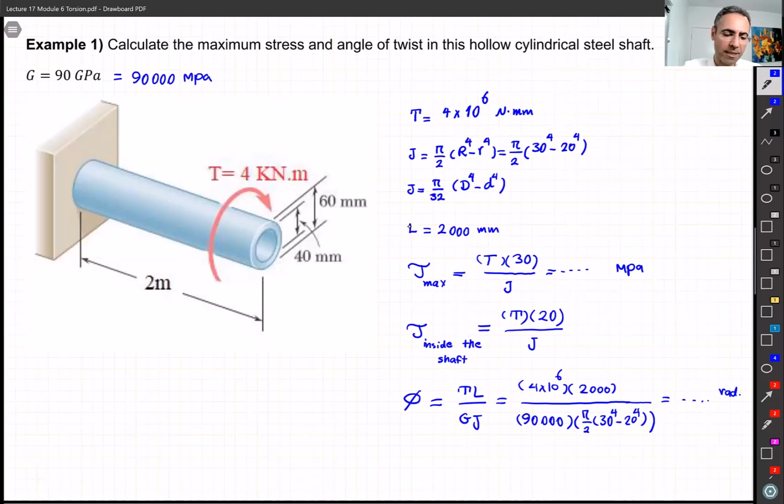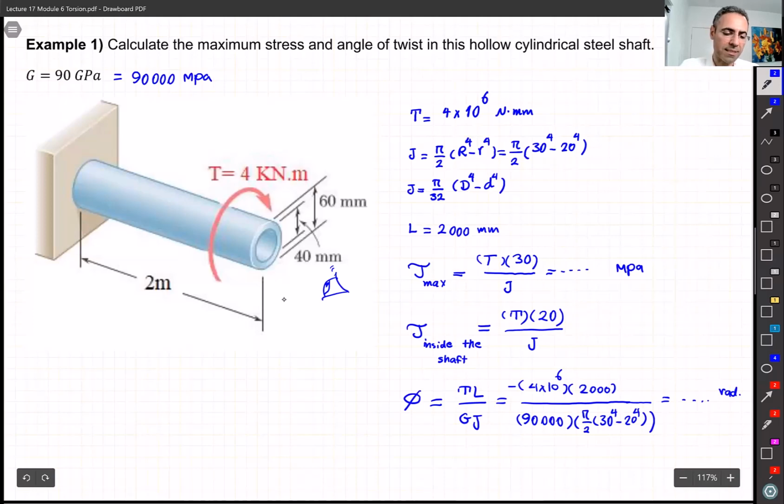If we want to be accurate, we look at this shaft from one end, which usually we do, like if this is my eye looking at this shaft, then this T is going to be clockwise. So if we want to be accurate, if this T is negative, then it means the twisting also is going to be negative and it's going to be clockwise, right?